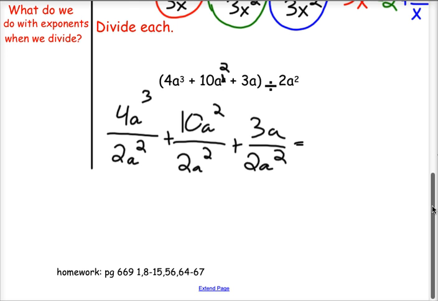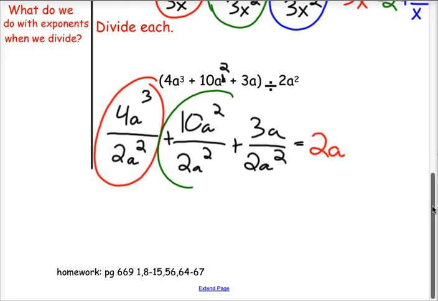So I'm going to start with that 4a cubed over 2a squared. Well, 4 divided by 2 is 2. a to the 3 divided by a to the 2. 3 take away 2 leaves me an a to the 1. 10 divided by 2 is 5. A squared, take away a squared. 2 take away 2, you don't have any left.